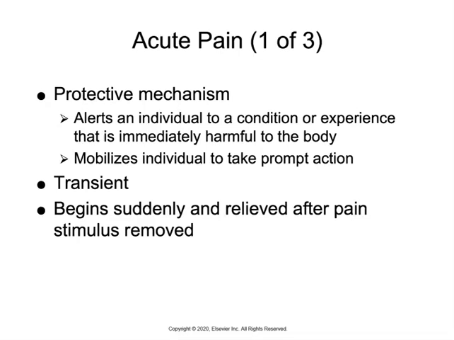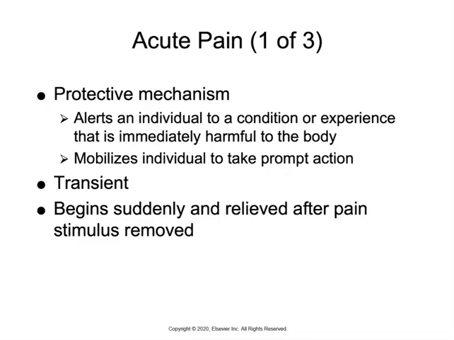We see that acute pain is more of a protective type of mechanism. The pain is there to alert us that there's some type of condition or experience happening that is harmful to us. And it can mobilize the individual so that we can take action in order to remove whatever that harmful thing is. And so we could describe it as being transient as well. Acute meaning a short duration.